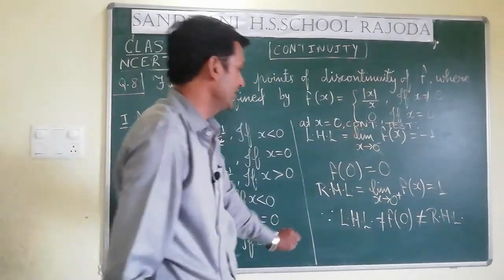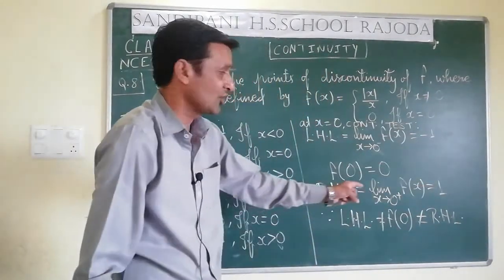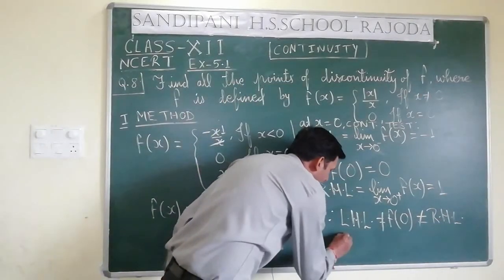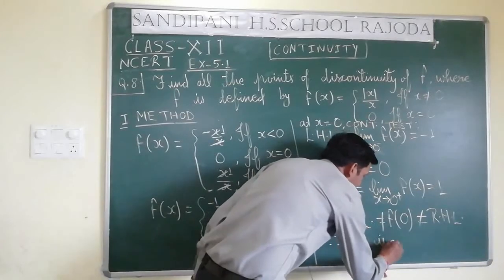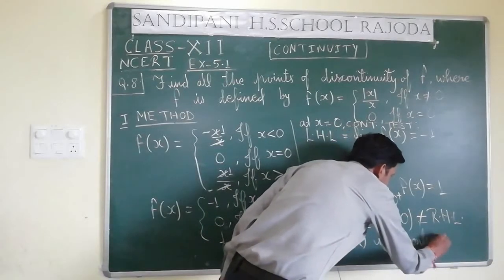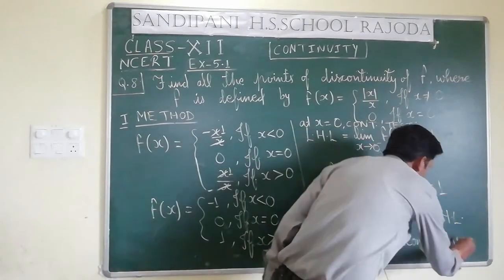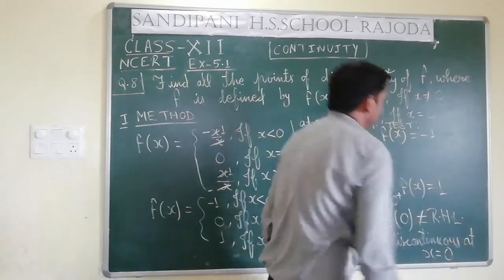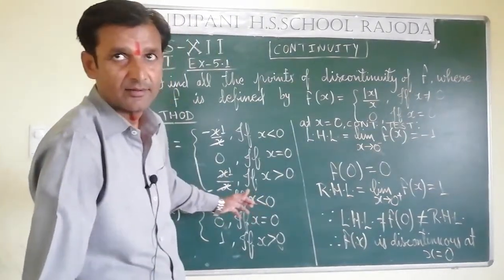LHL is minus 1, f of 0 is 0 and RHL is 1. So, because LHL is not equal to f of 0, it is not equal to RHL, therefore f of x is discontinuous at x equal to 0. So, this first method is over.